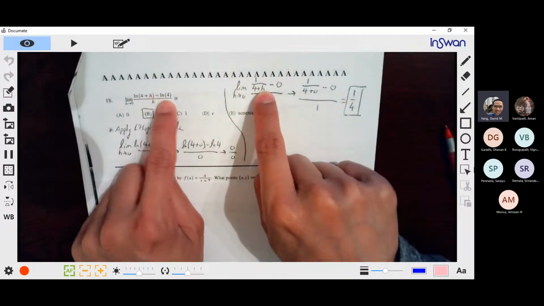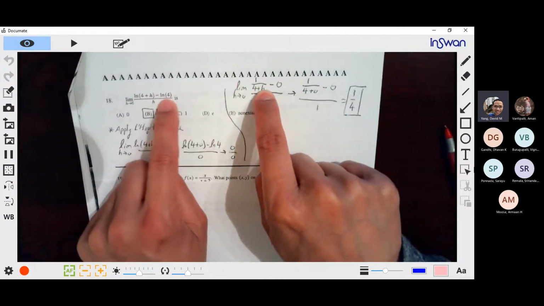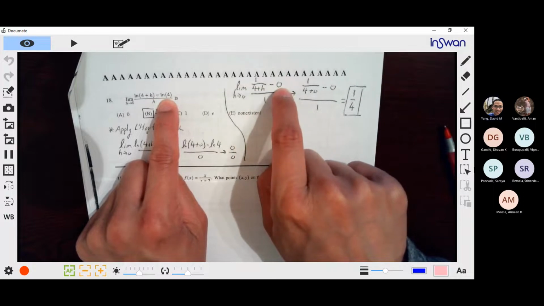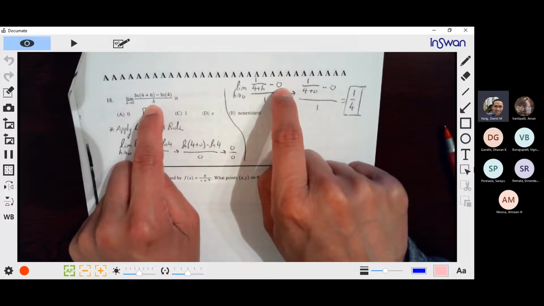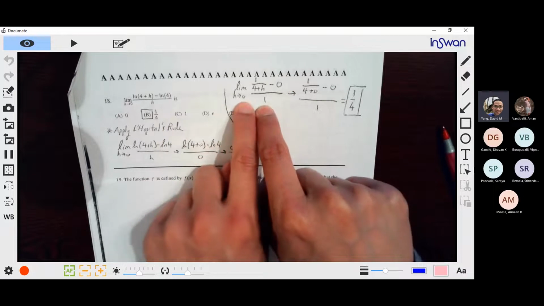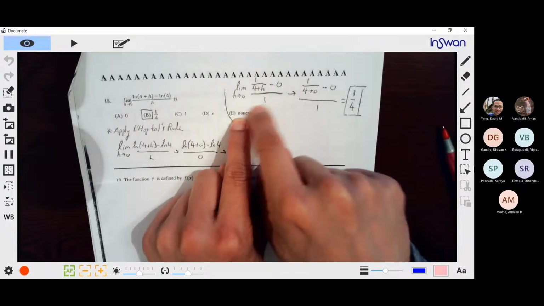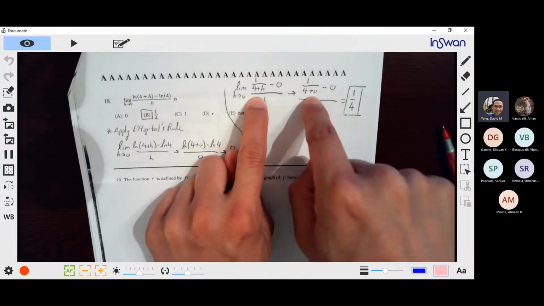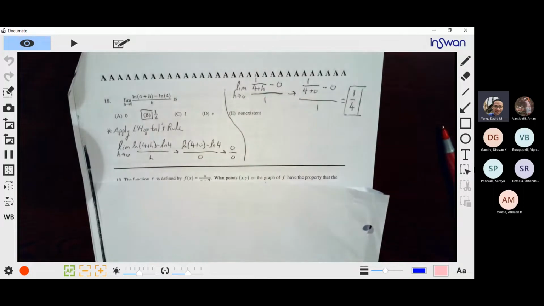Natural log of 4 is a constant, so the constant's derivative is going to be 0. And the h is a variable. h's derivative is 1. So once we have our updated expression, we can reevaluate the limit, insert 0 in for h. We get 1/4 minus 0 over 1, which is 1/4.